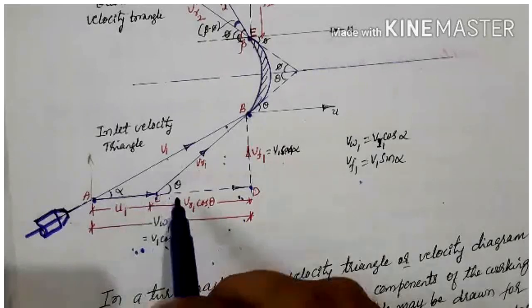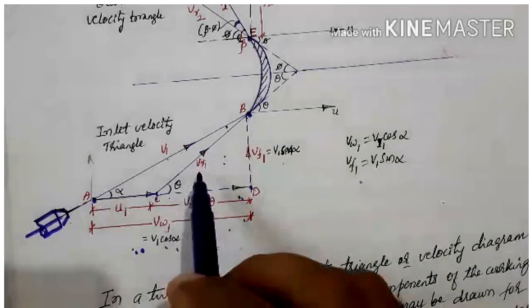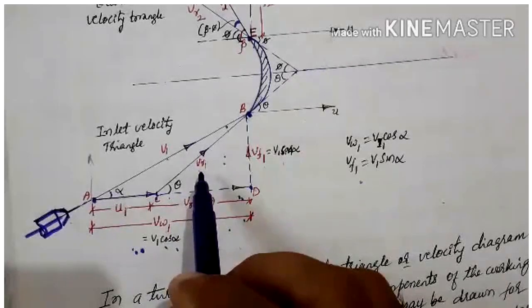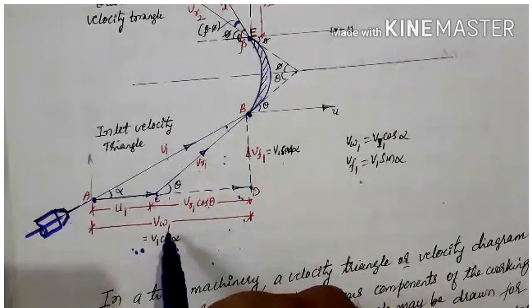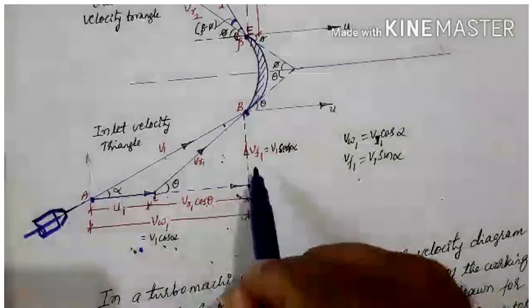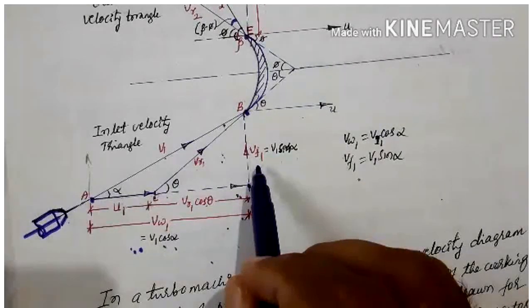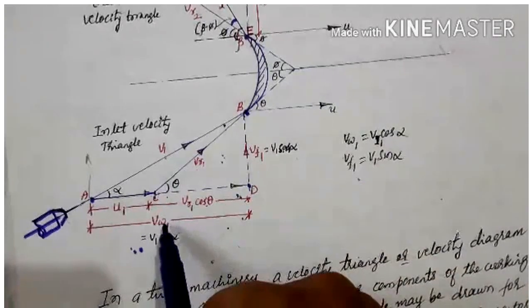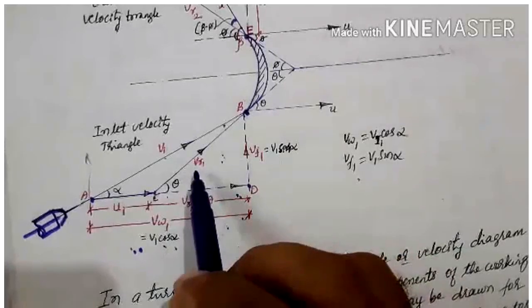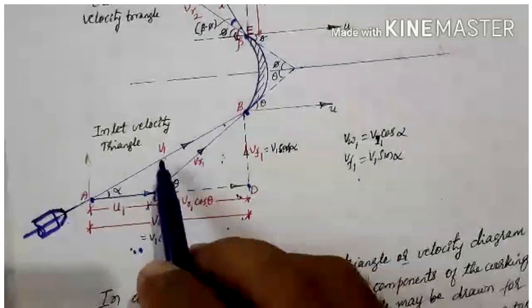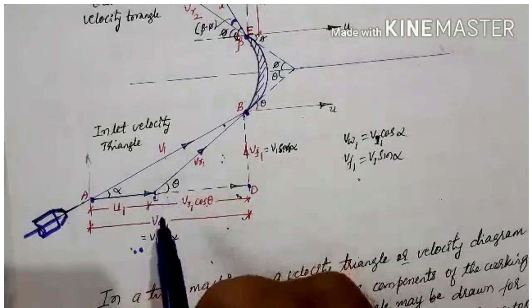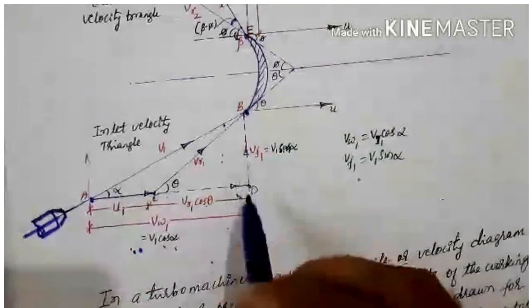Then theta represents the inlet blade angle, VR1 represents the relative velocity at inlet, VW1 is the whirl velocity at inlet, and VF1 is the flow velocity at inlet. These VW1 and VF1 are the components of V1 in the horizontal as well as the vertical direction.